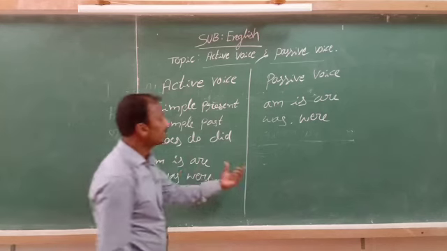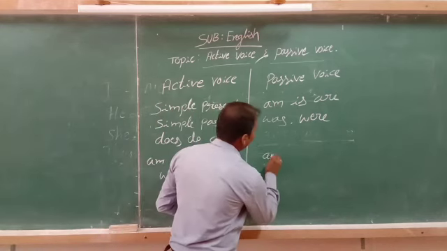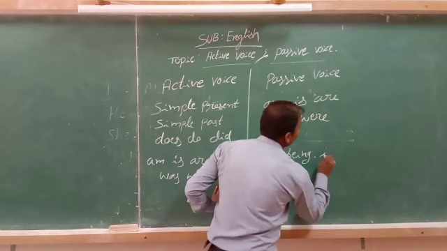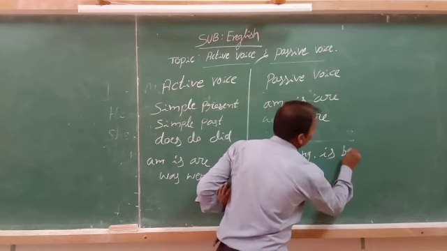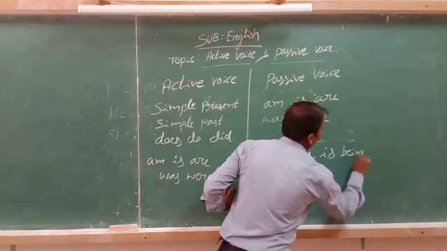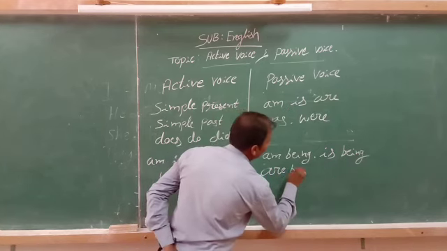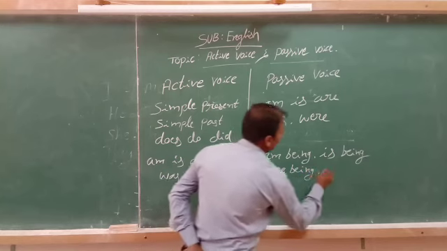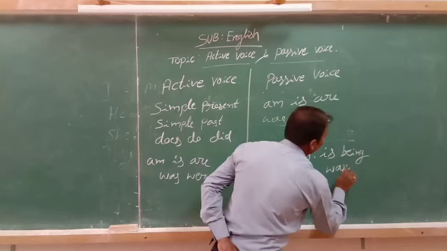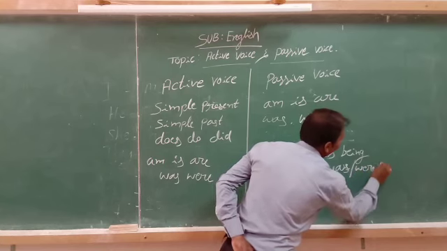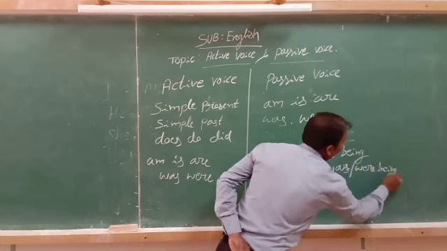These helping verbs change as am being, is being, are being, and was being, were being.